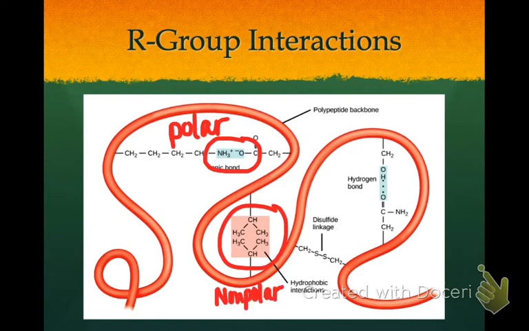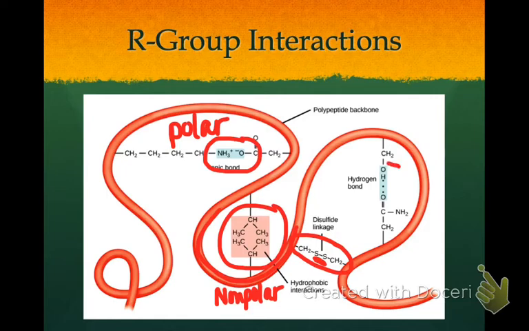And you can notice that they're buried in between this loop here on the protein chain or amino acid chain. Here's our disulfide linkage where I've got the cysteine groups and the sulfurs are linking together, forming a pretty strong covalent bond, probably the strongest of all the R group interactions.